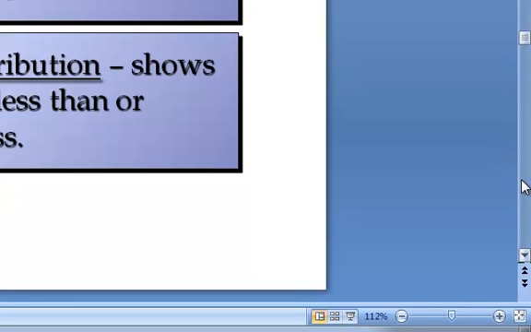Now let's consider what are called cumulative distributions. Cumulative frequency distributions, cumulative relative frequency distributions, and cumulative percent frequency distributions. Please take a few moments to read the definitions.